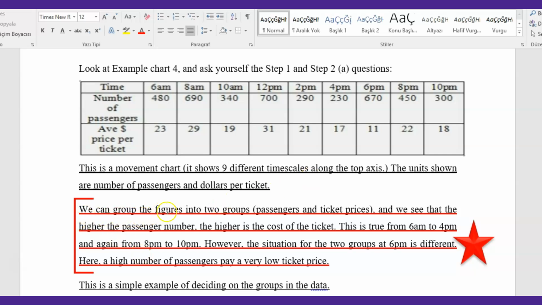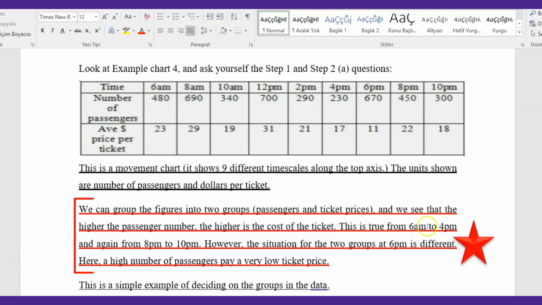We can group the figures into two groups, passengers and ticket price. And we see that the higher the passenger number, the higher the cost of the ticket. Higher passenger numbers, higher ticket prices, right?